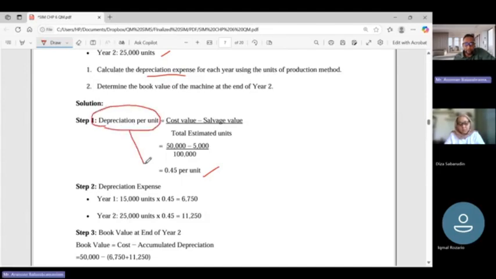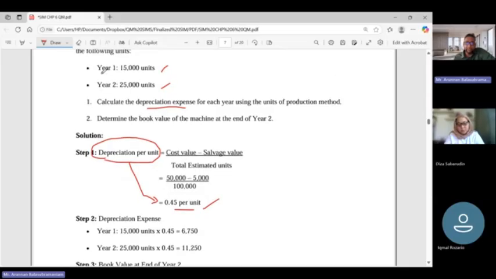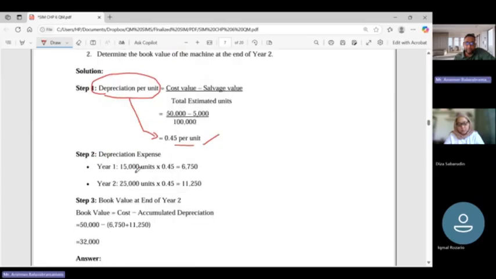Once you've calculated this, you take the first year production of 15,000 to calculate the depreciation. 0.45 times 15,000, the depreciation expense will be about 6,750 for the first year.